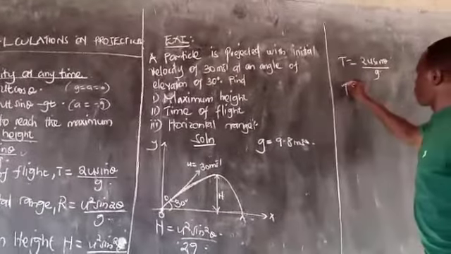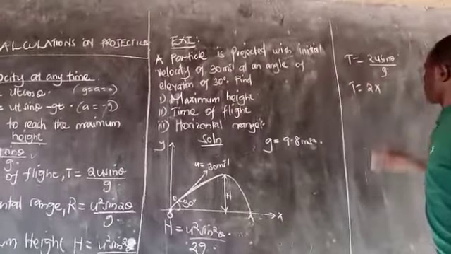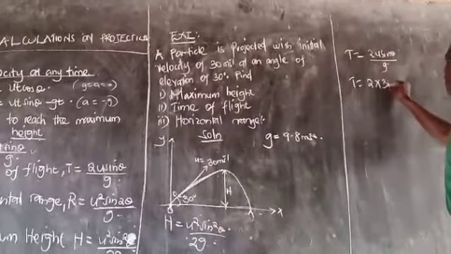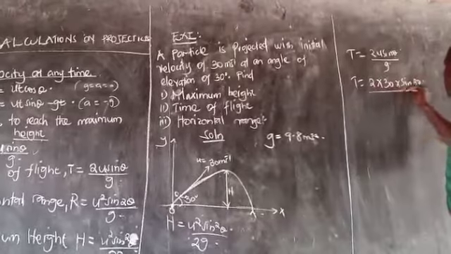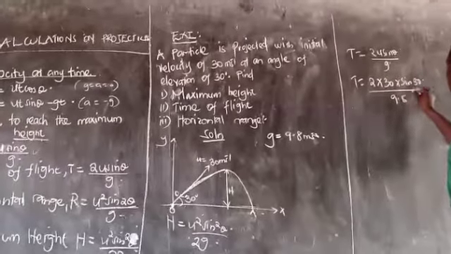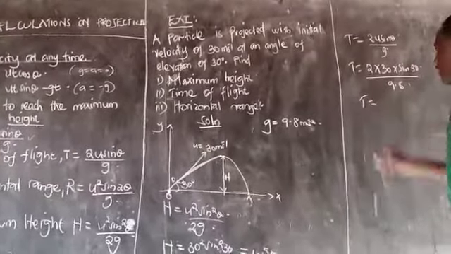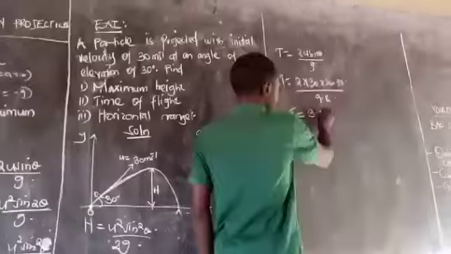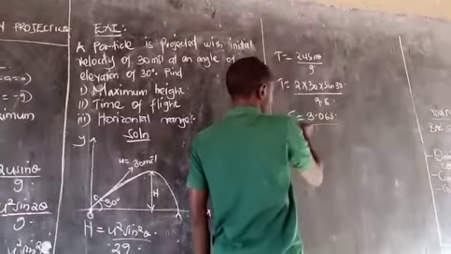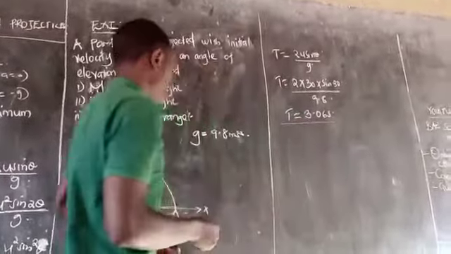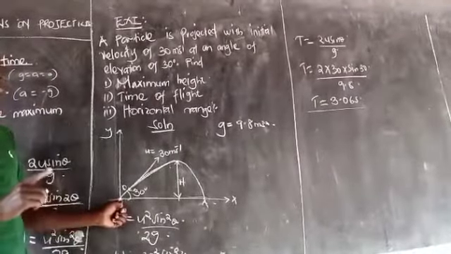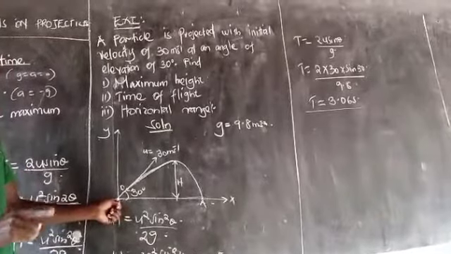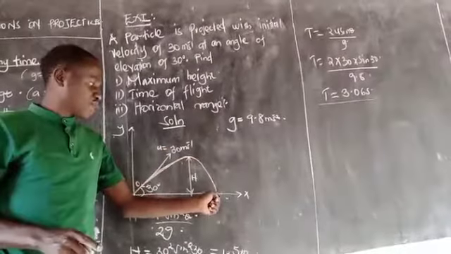And so by substitution, we have 2 times u, which is 30, times sine of 30 divided by 9.8. The time of flight is therefore equal to 3.06 seconds. It simply implies that after projecting this body, it will take 3.06 seconds to come back to the same horizontal plane of projection.